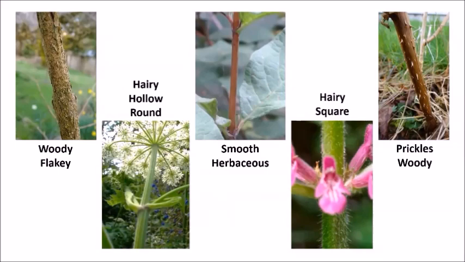Thorns are basically part of the stem of the plant, so they're comprised of the same material as the stem. They're actually growing from the stem itself. Spines are leaf tissue.